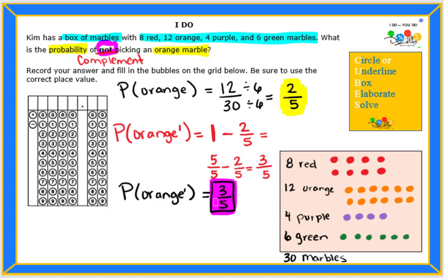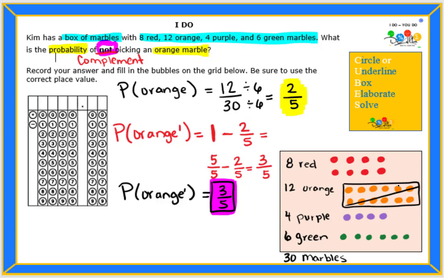Now look at the picture and see if we can come up with the same answer in a different way. With our picture, I can see the 12 orange marbles, and we want the probability of not picking an orange marble.